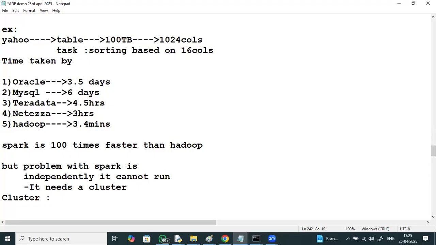A group of nodes, systems connected in a network.